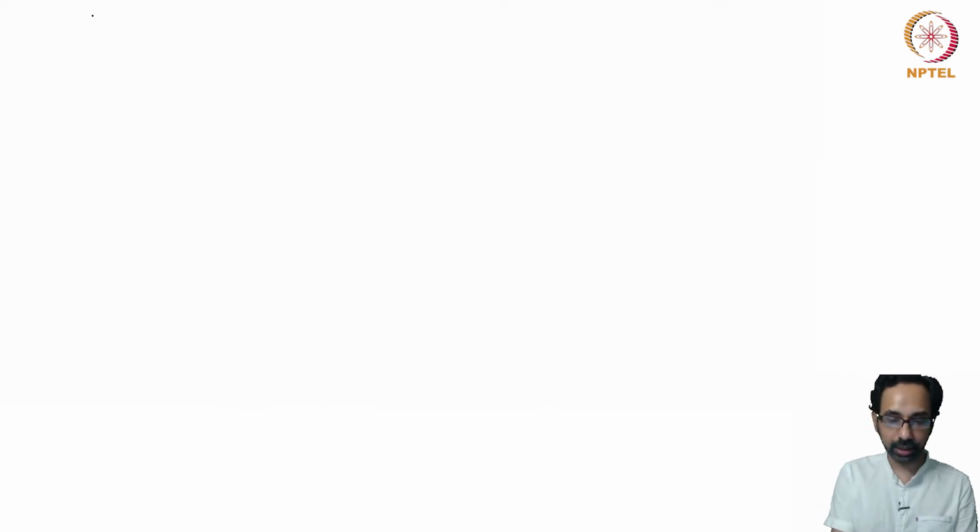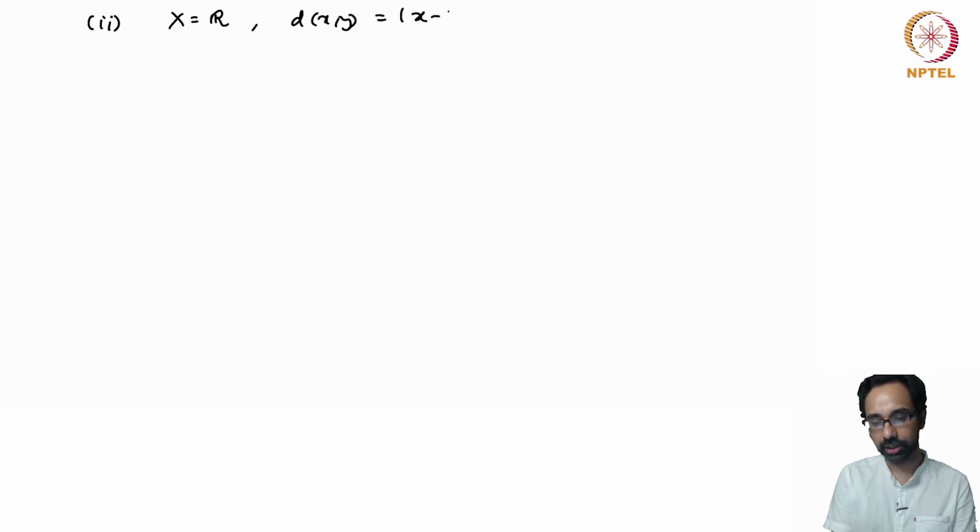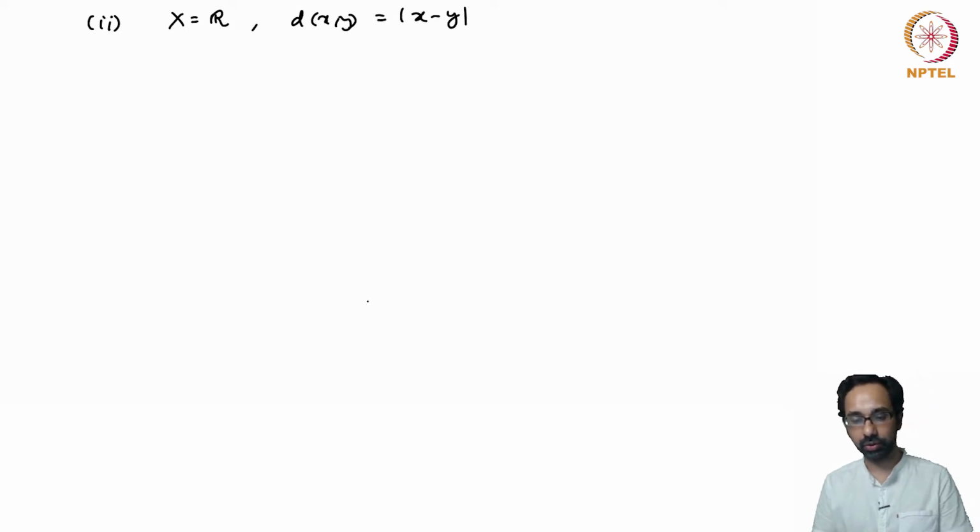Now let us see another example, which we have already seen. Take X equal to the real line, and d(x, y) is just the usual distance between the two real numbers, which is the modulus of the difference, |x minus y|.